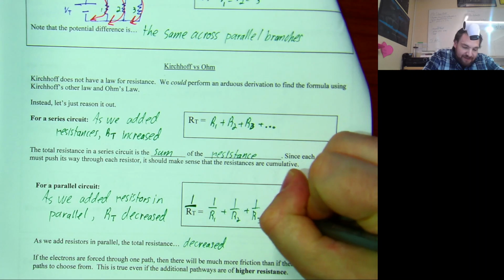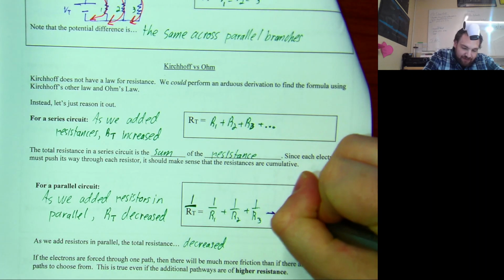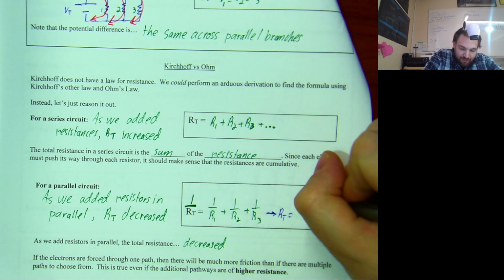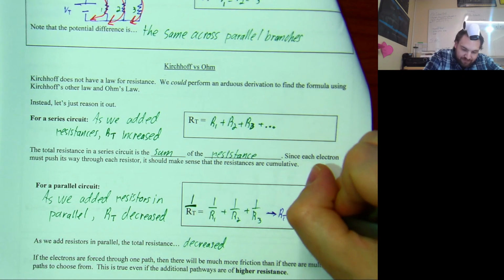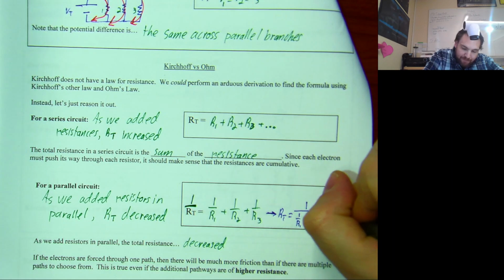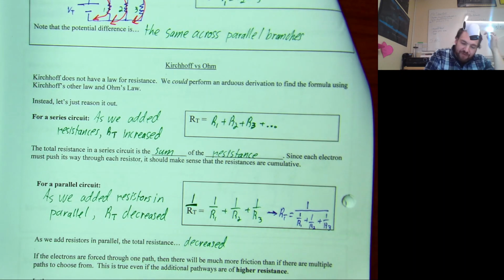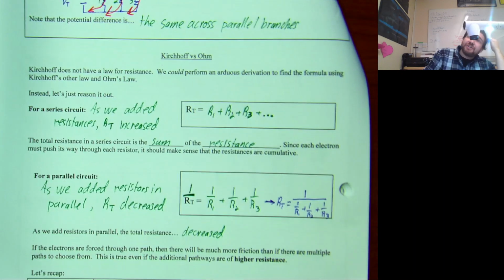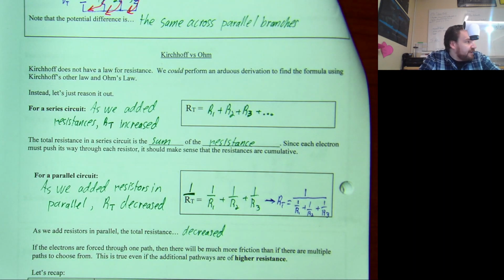So I could rewrite this and make it look like this. RT is equal to 1 over R1 plus 1 over R2 plus 1 over R3, which we were never going to come up with looking at tangent values.